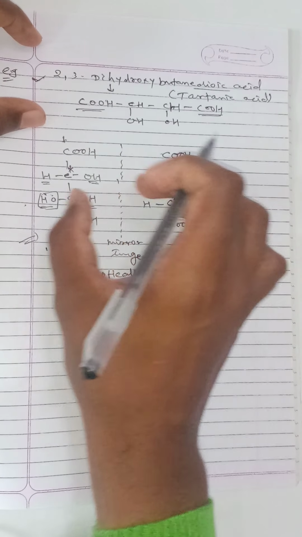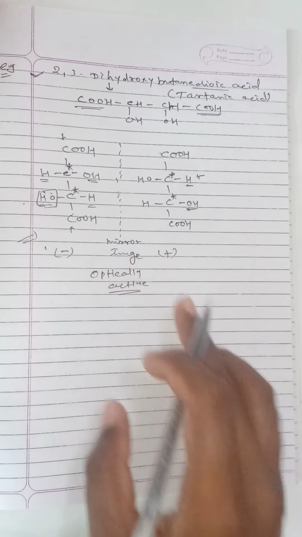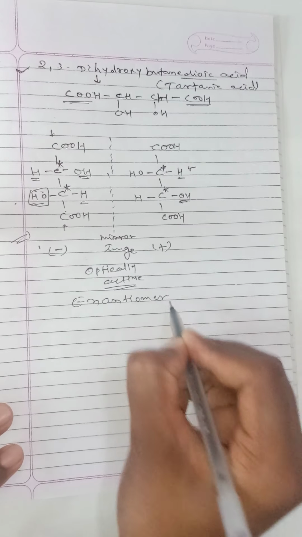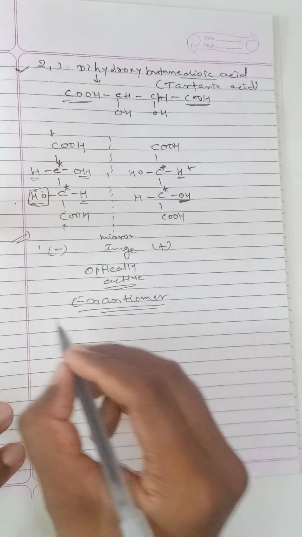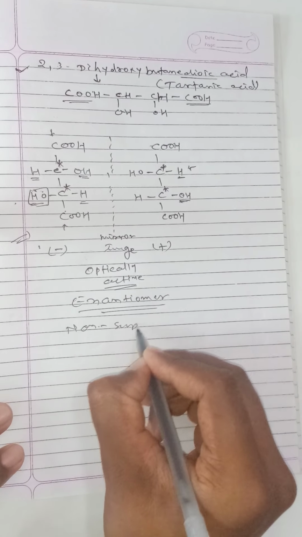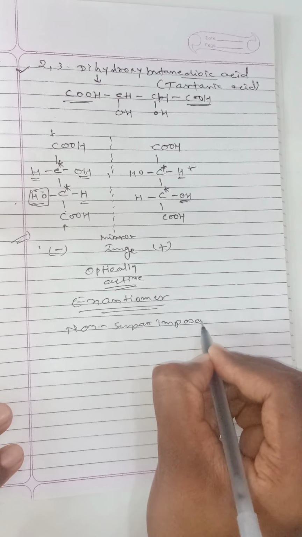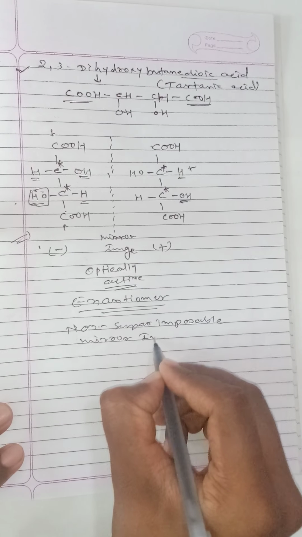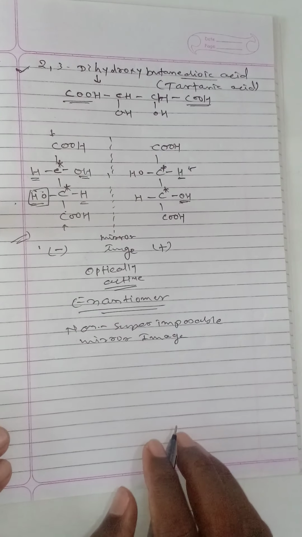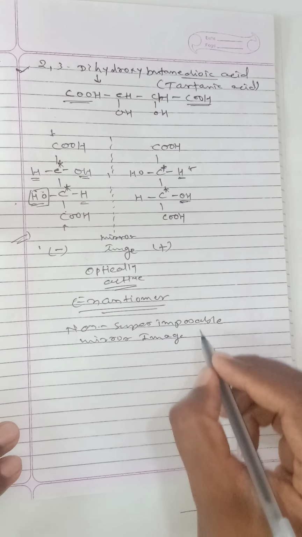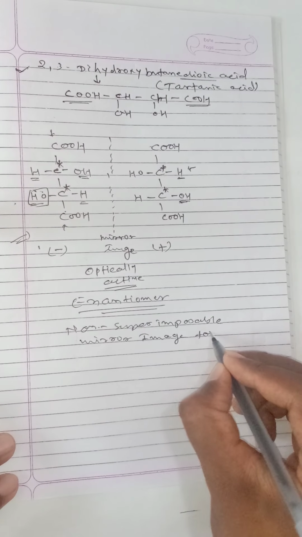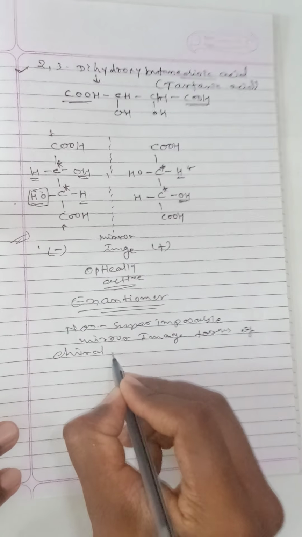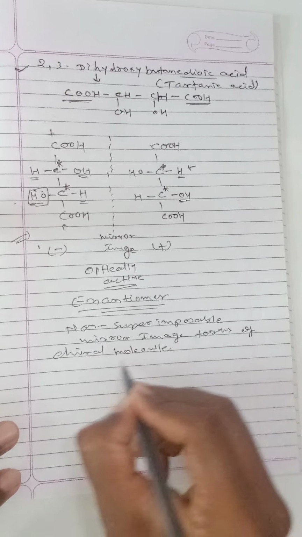Non-superimposable mirror image forms of a chiral molecule are called enantiomers. Why is it called a chiral molecule?